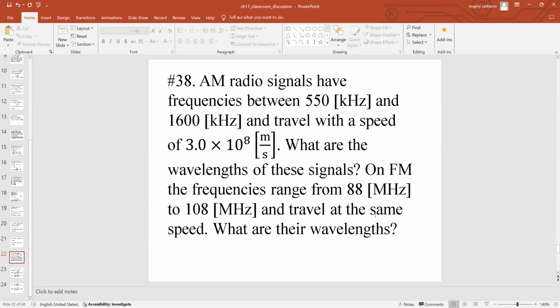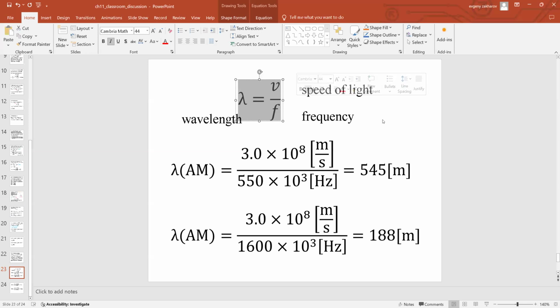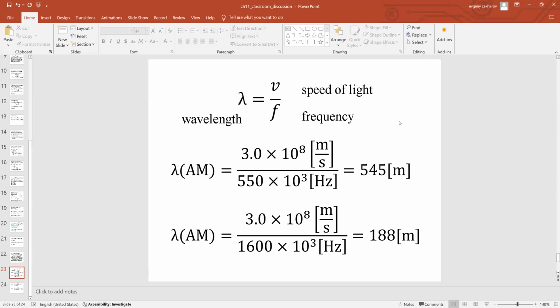That's it. So one little formula explains a lot about the connections between different parameters of waves, specifically mechanical waves, electromagnetic waves, and sound waves. Just be careful, sound doesn't travel at the speed of light. Mechanical waves don't travel at the speed of light. But electromagnetic waves, yes, they do.